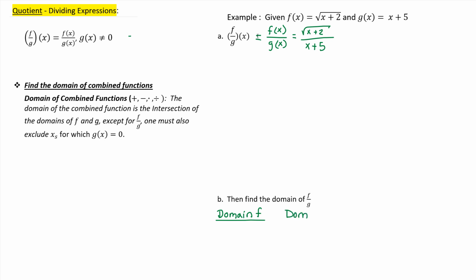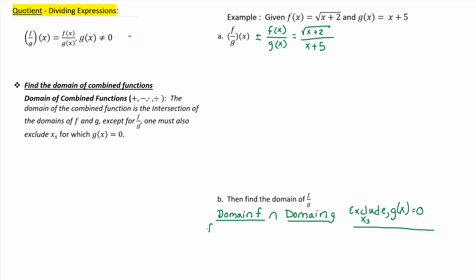But on top of that, we also have to exclude any values of x that make g of x 0. So we're going to look at those three things. We're going to take the intersection of the domain of f and the domain of g, but also exclude those values of x for which g of x is 0.